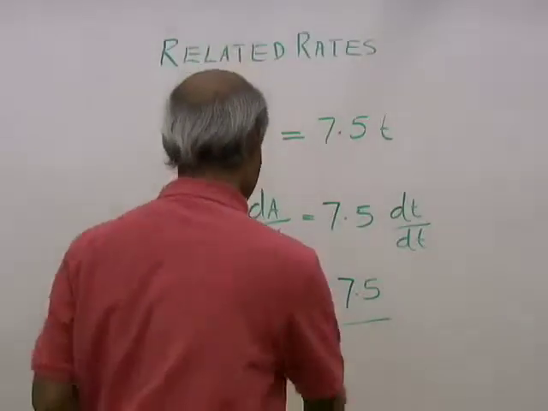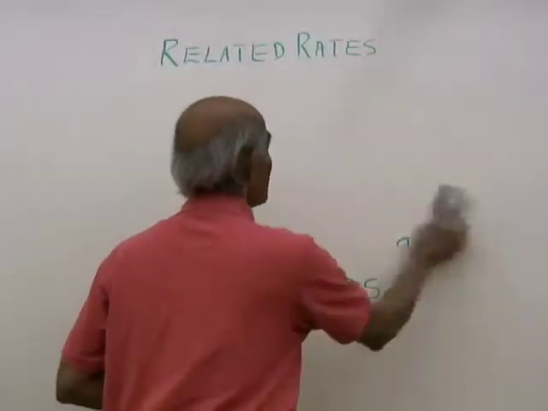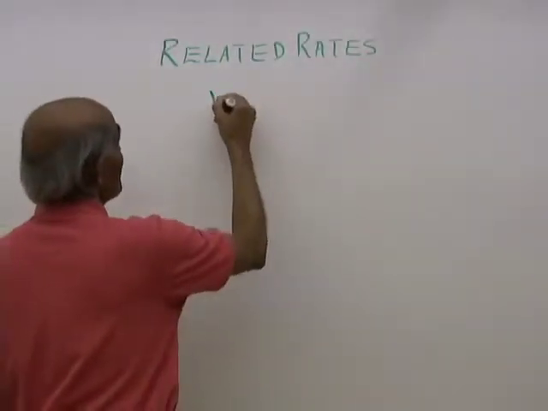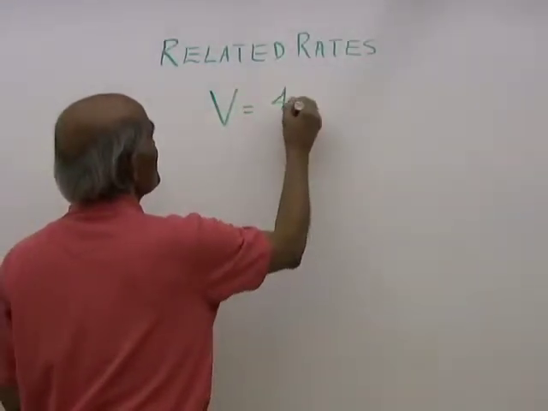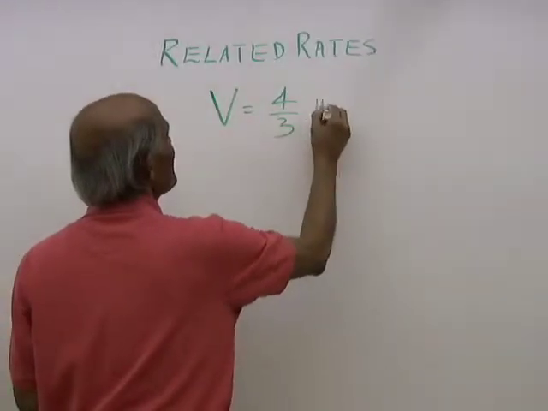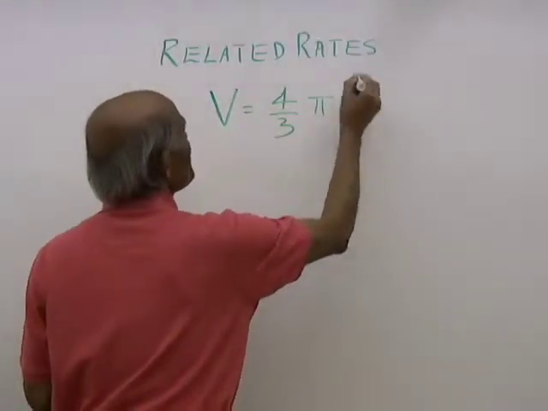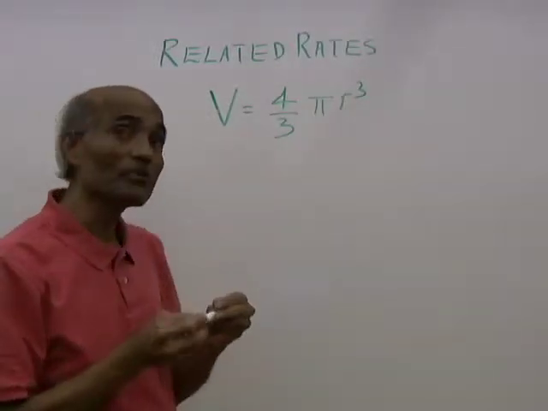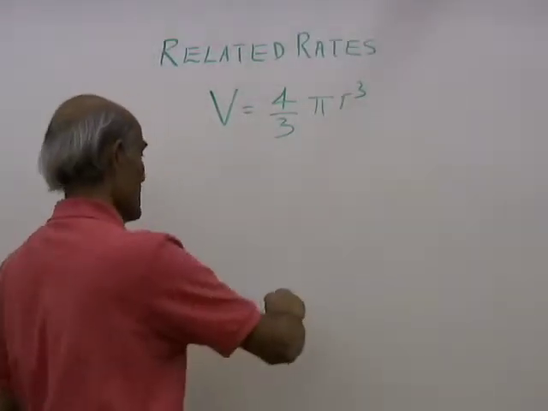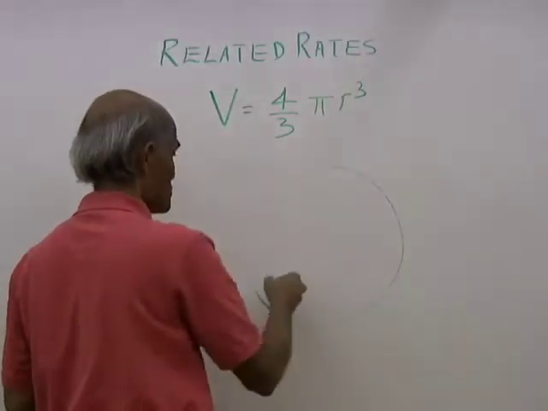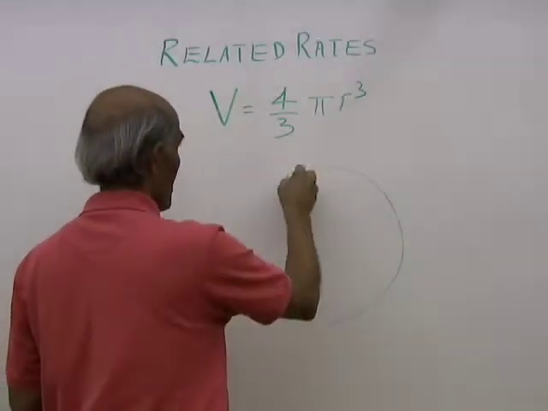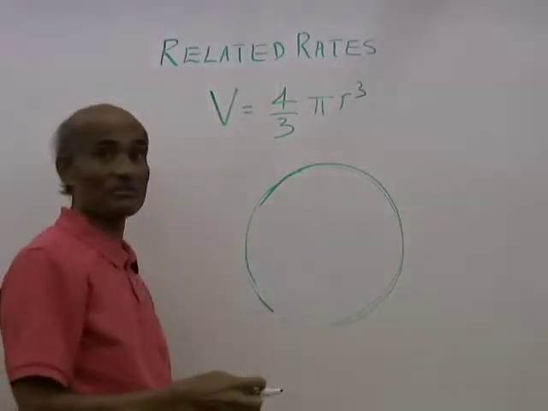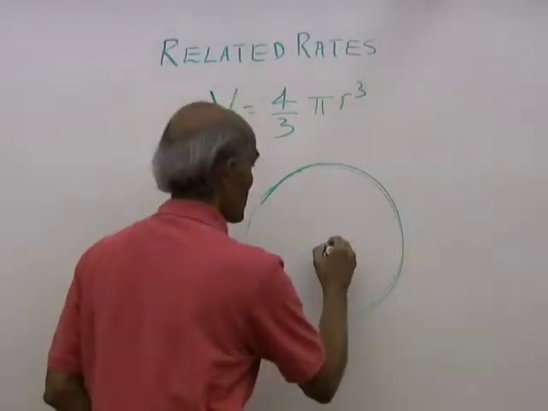Well, volume of a sphere depends on its radius, is that right? I can write V equal to 4/3 pi r cubed. The volume of a sphere depends on its radius. Now, if I draw it as a circle, well, the only way you can draw the cross-section of a sphere is as a circle, is that right?